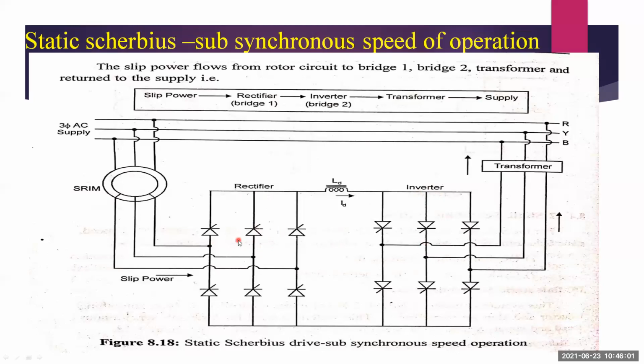That means bridge one is acting as a rectifier and bridge two is acting as an inverter.